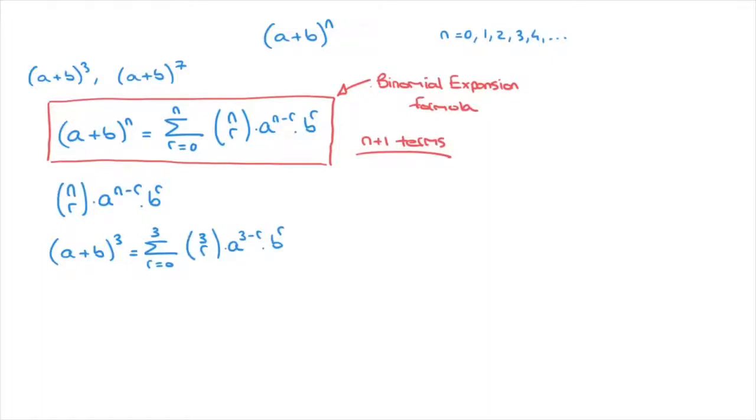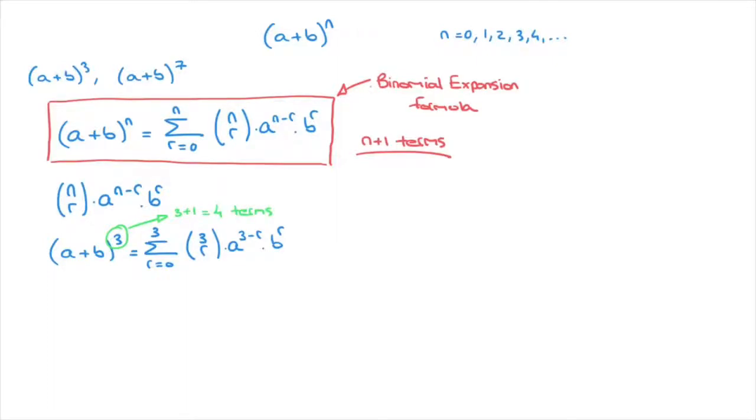Notice that all I've done is rewrite the expression, replacing every n by 3, and that's how it works. Furthermore, since we have (a + b)^3, the expansion must have 3 + 1, which is 4 terms.